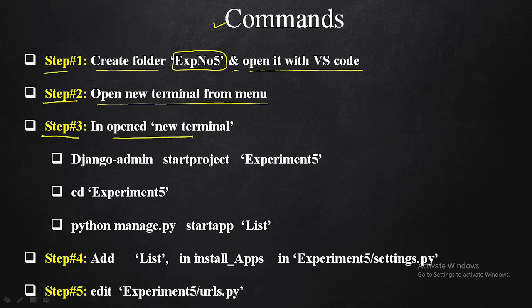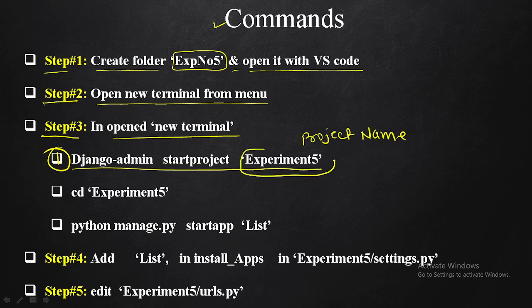On opening a new terminal, first give this command: django-admin startproject and the name of the project. So here the project name is experiment 5. This is the name of the project.